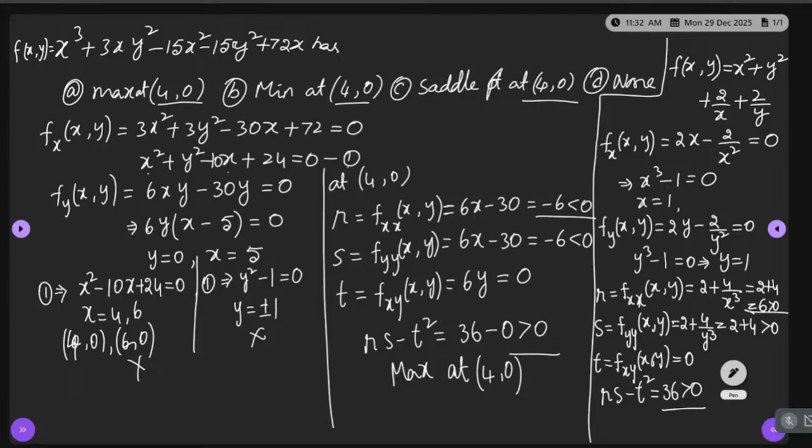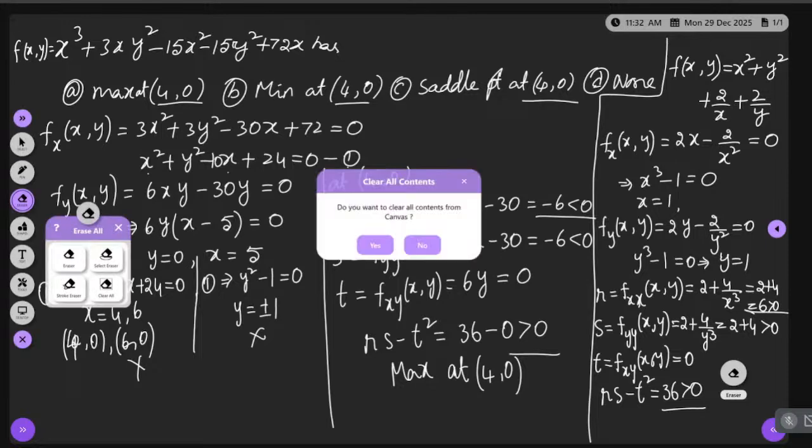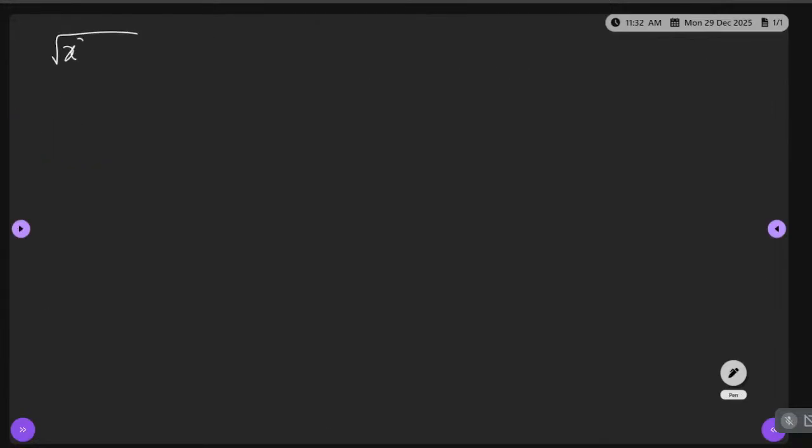Write down. The minimum value of root of x square plus y square, where x square plus xy plus y square equals to 1.